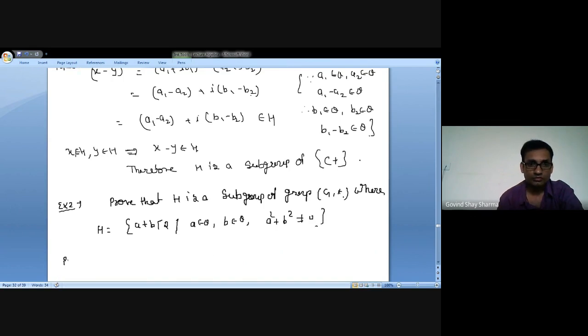Just similar to the above example, we have to prove that H is a subgroup of G, where the elements of H are of the form a plus b root 2.